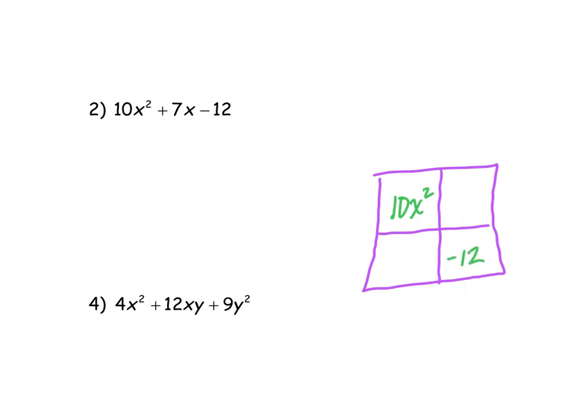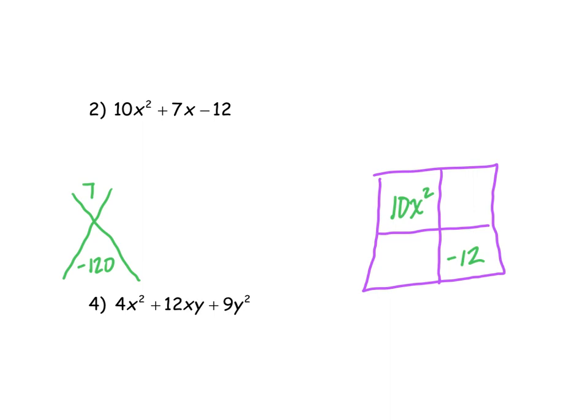Good. Perfect. Okay, so I need two numbers that are going to add to be 7, correct? And then it multiplies to be what? Not negative 12. Negative 120. Good.